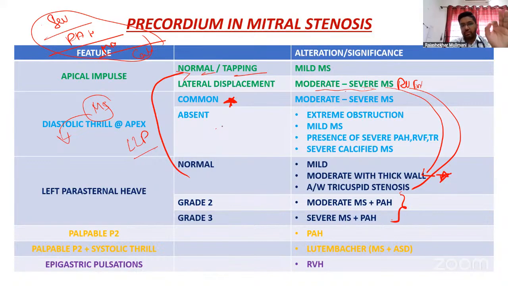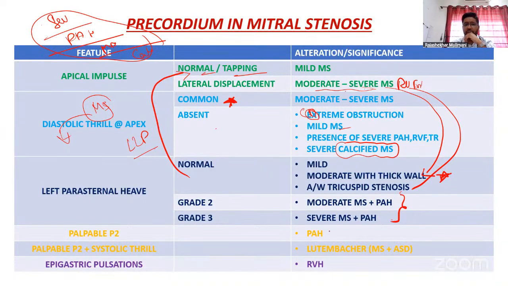If in a patient of mitral stenosis, moderate to severe degree, there is no diastolic thrill, then either it has to be an extreme obstruction, also called critical obstruction, or it is very mild, or there is a coexistent calcified mitral valve. These can make the diastolic thrill obscure.